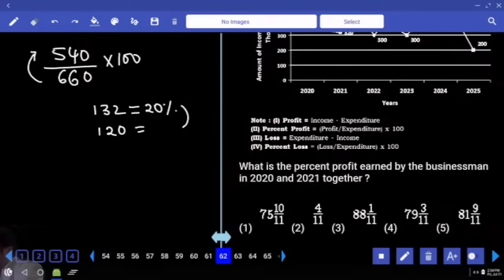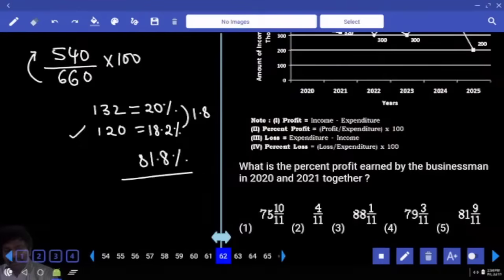That may be 1.9, 1.8, 1.7, whatever you say, I'll write. Say 1.8. If I subtract 1.8, it becomes 18.2%. So the numerator is 18.2% less, then it will be 81.8%. Go to options.